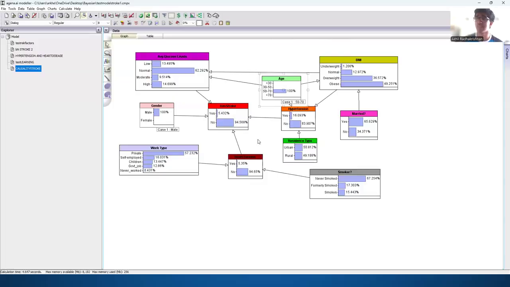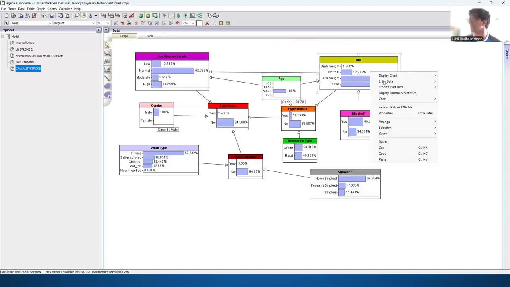This change dynamically updates related nodes, specifically BMI, hypertension, and average glucose levels, through forward causal links. Here, age indirectly impacts stroke risk by nudging these intermediate factors. I now input that the patient's BMI is obese.